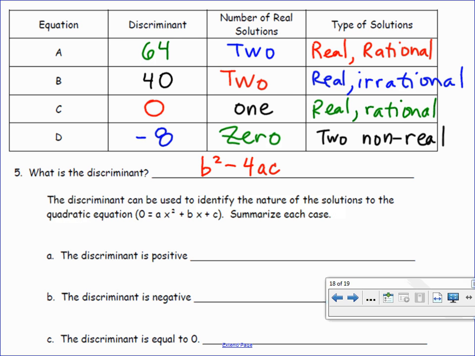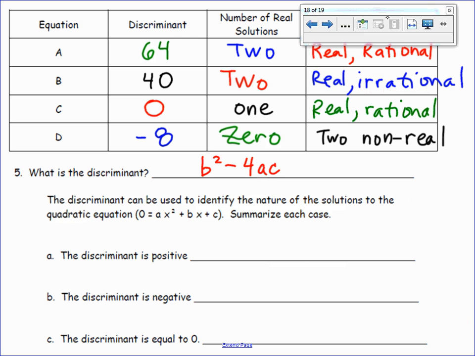Here we go, summarize each case. If the discriminant is positive, we have 2 real solutions. They could be rational or irrational, depending upon if the discriminant is a perfect square.